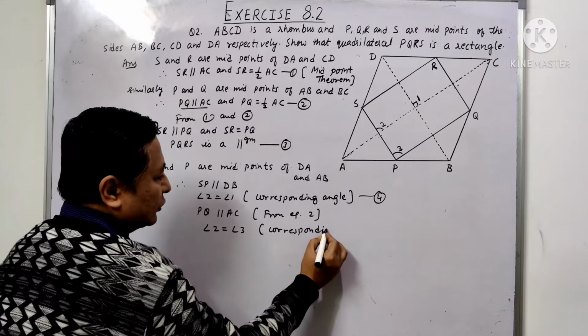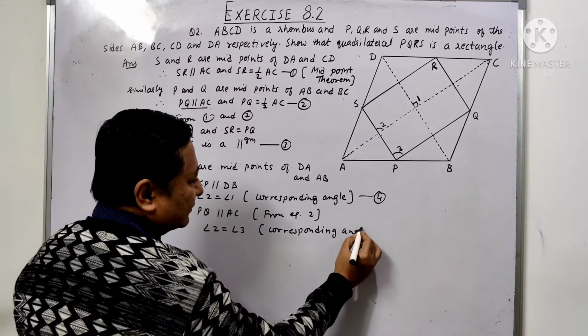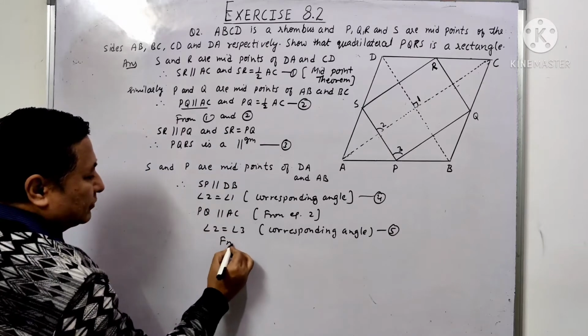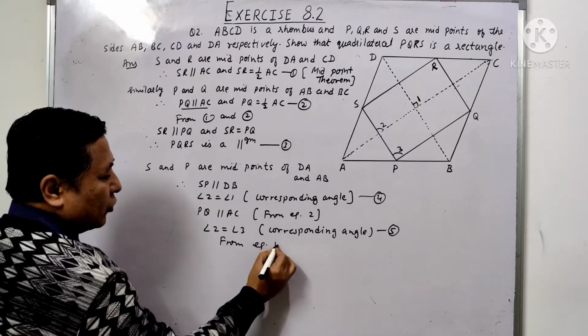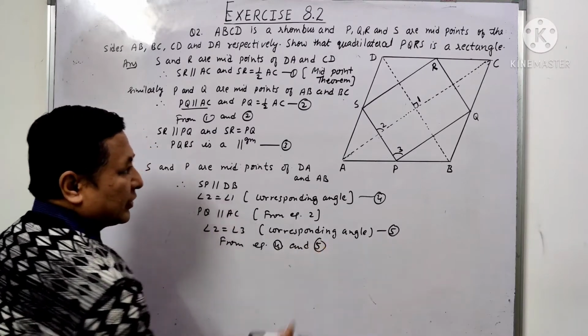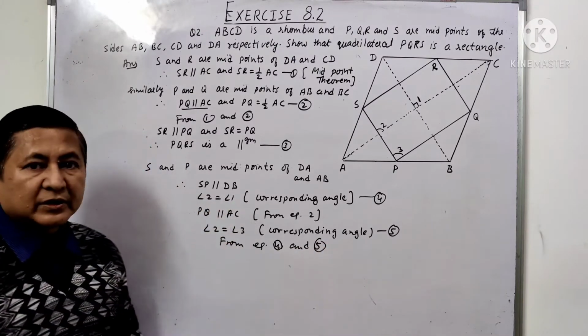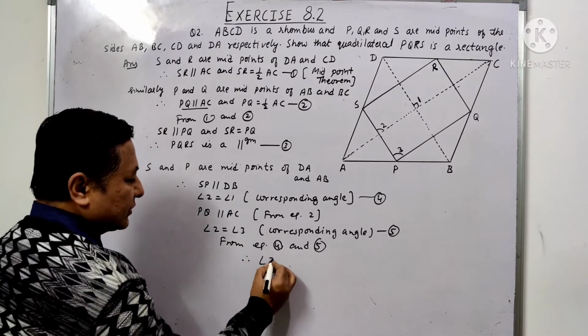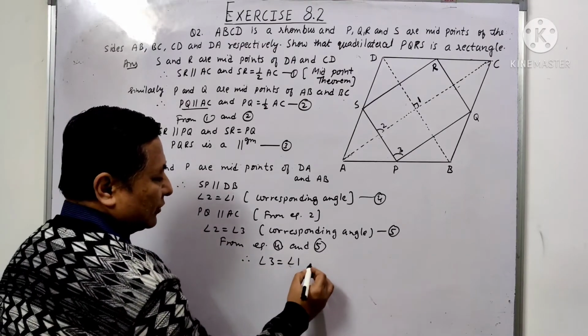You can see that angle 2 and angle 3 are corresponding angles, and that is marked equation number 5. Now from equation 4 and equation 5, angle 2 is equal to angle 1 and angle 2 is equal to angle 3. So therefore we can write angle 3 is equal to angle 1.